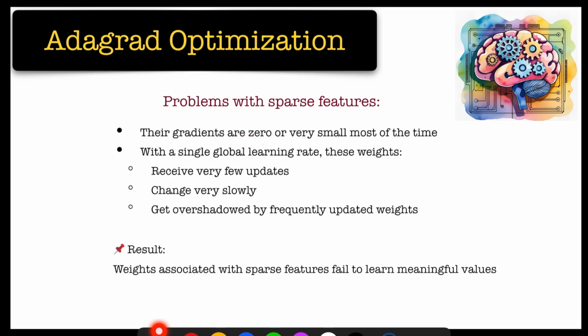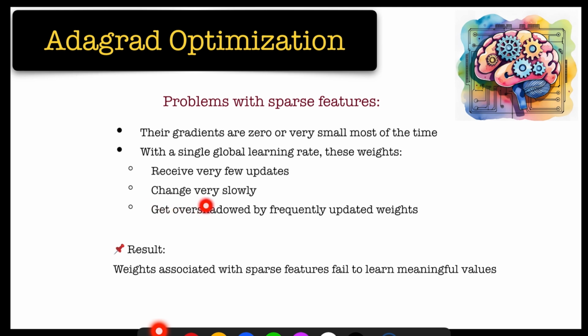So the gradients are 0 or very small most of the time for these sparse features. With a single global learning rate, these weights will receive very few updates because the gradients are 0 or small, so the weight updates will also be very small.